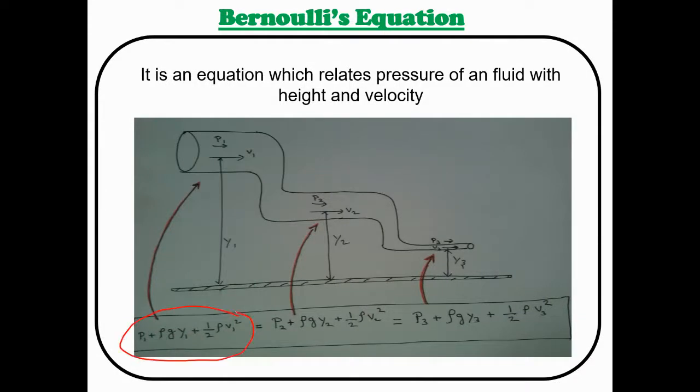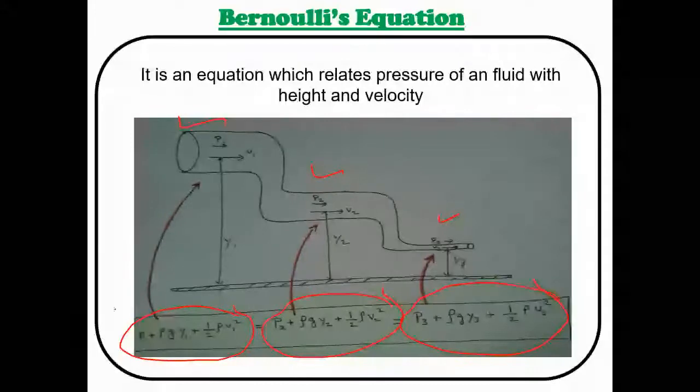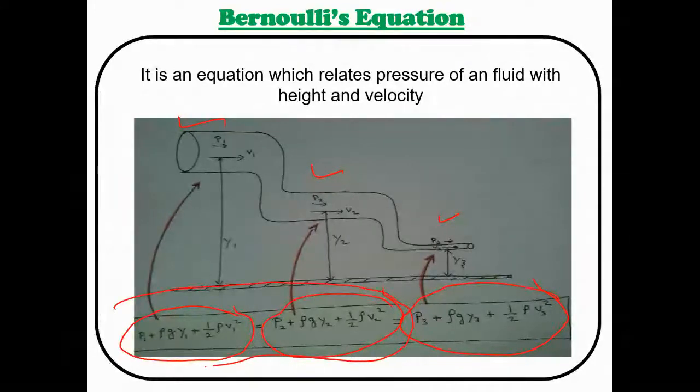This is for this pipe, this is for this pipe, and this is for this pipe. In our question, how many pipe sections do we have? Only 2 sections. So I am going to take only these 2. Understand? Clear?